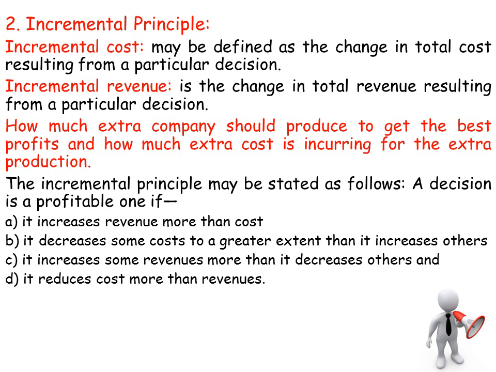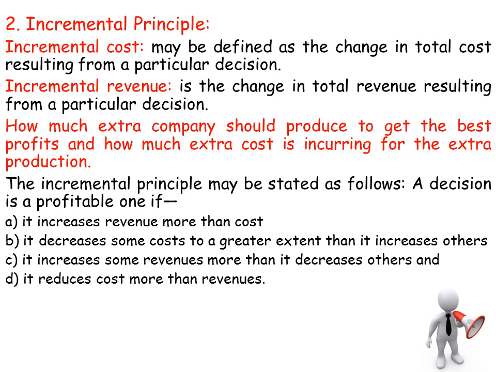The first is incremental cost, which means cost increased beyond what they are currently producing. The other is incremental revenue, which means increased revenue. If they are going to produce more than what they are producing, the revenue must increase.